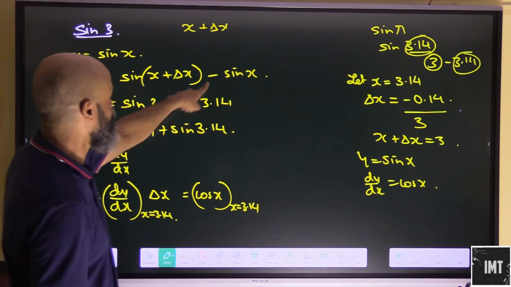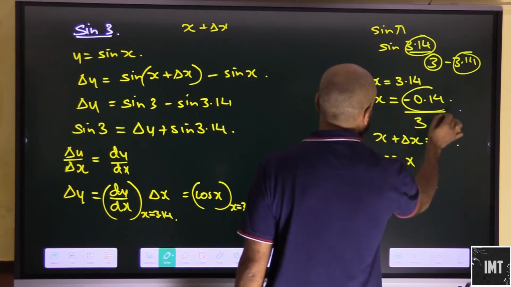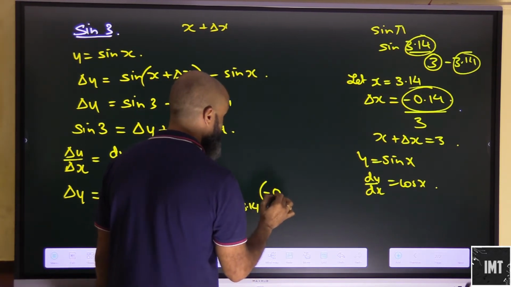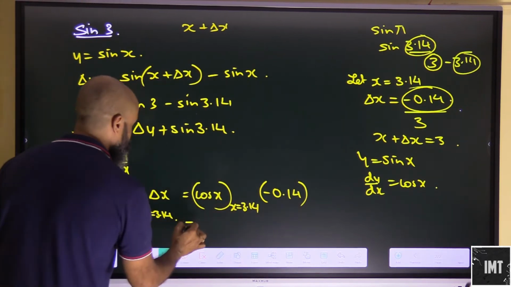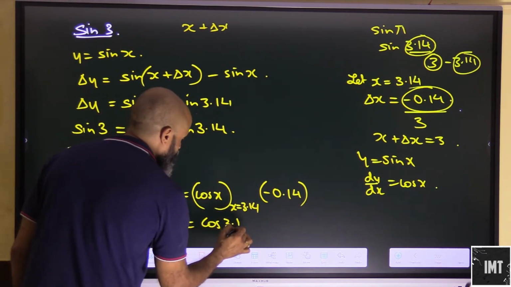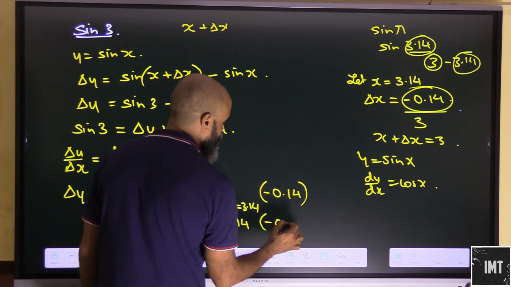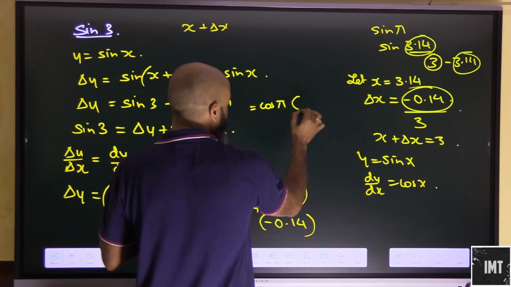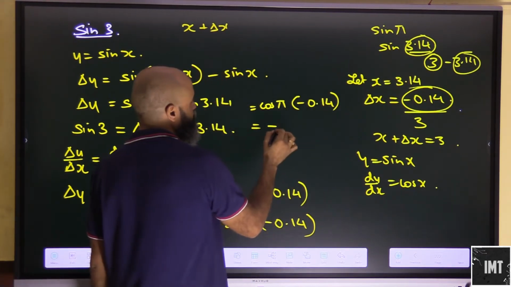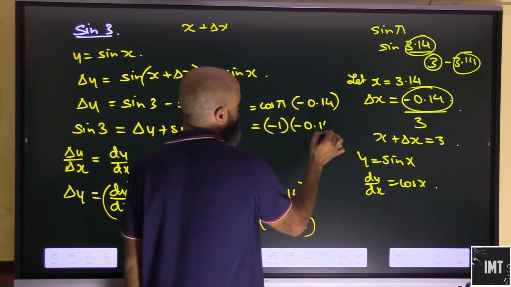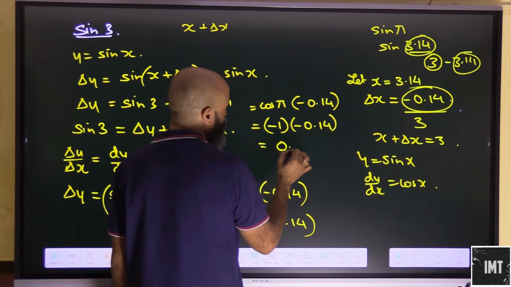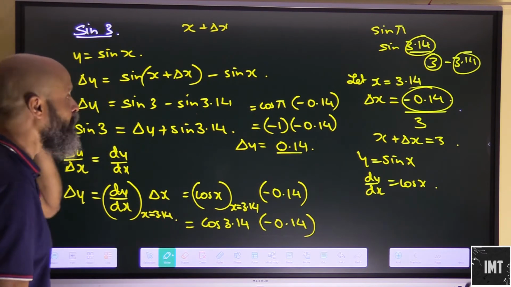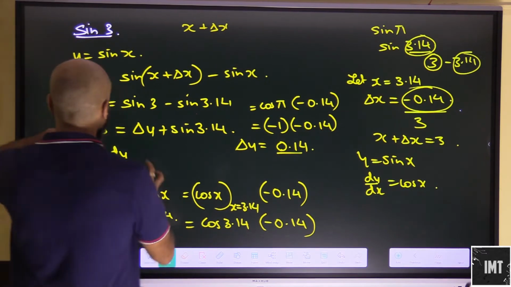And delta x has a value of minus 0.14, so we have to be careful about the sign here. So cos 3.14, that is cos pi, into minus 0.14. Cos pi has a value of minus 1, and this is minus 0.14, so delta y has a value of 0.14.